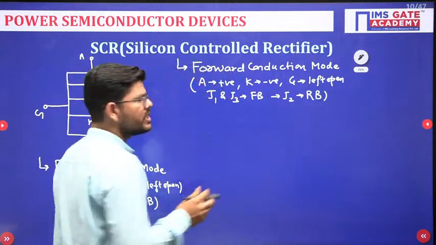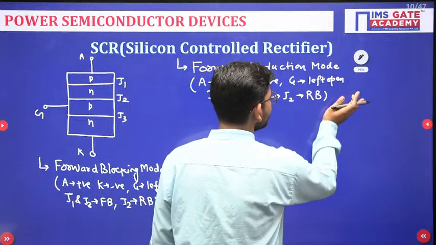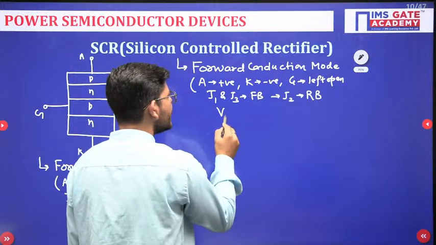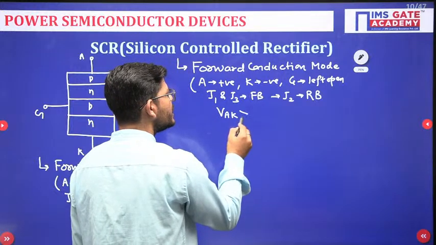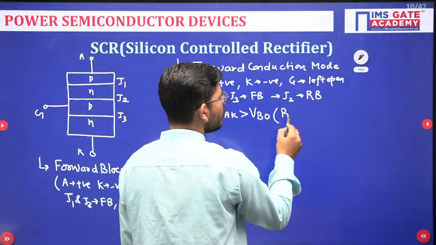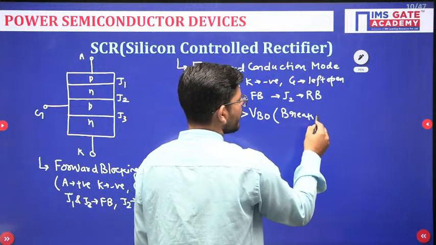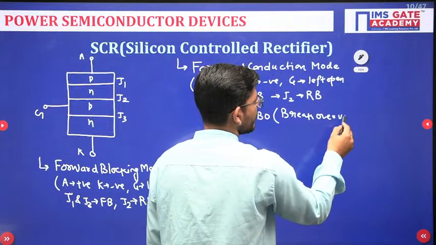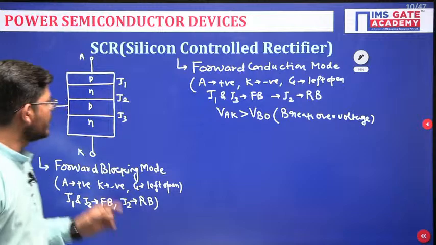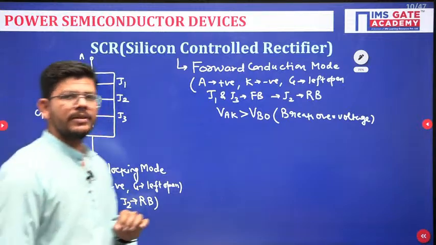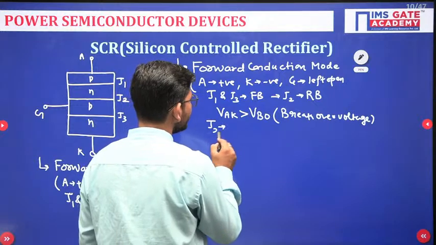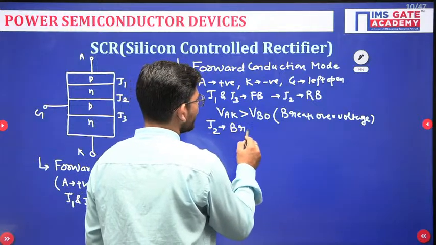But we will make one change here: we will increase the applied anode to cathode voltage beyond a voltage called the break over voltage. If we do this, junction J2, which is reverse biased, will break down.